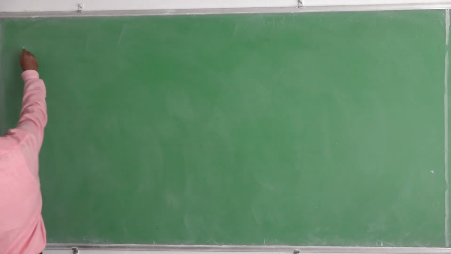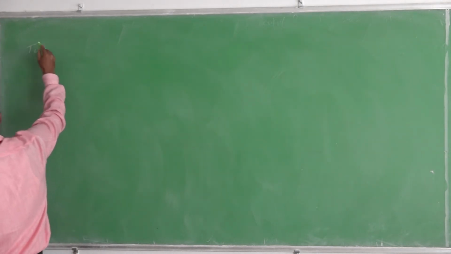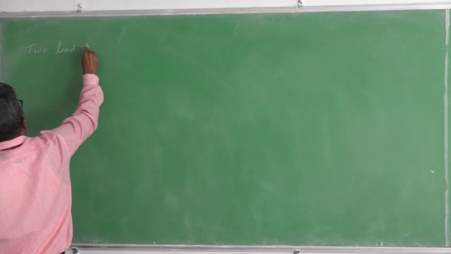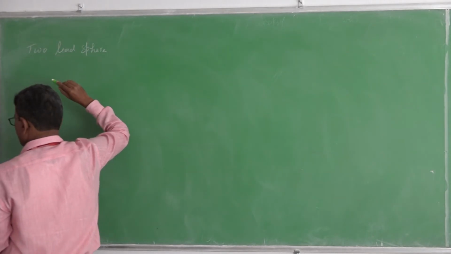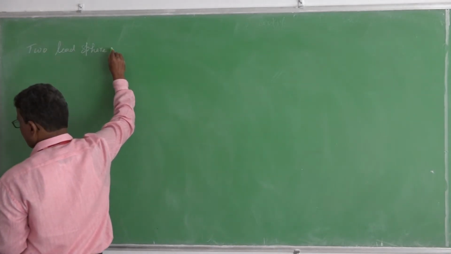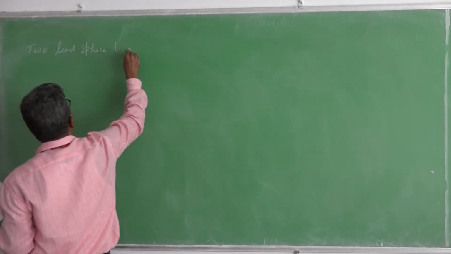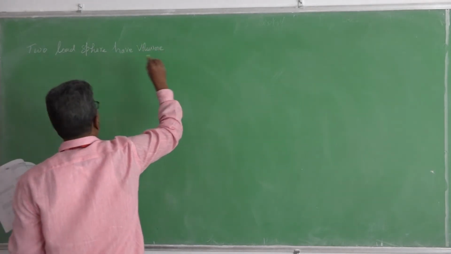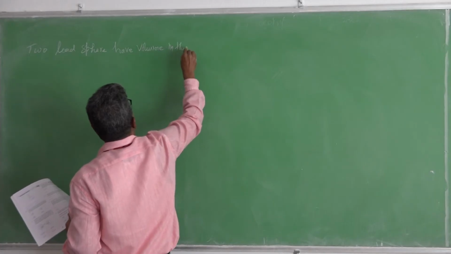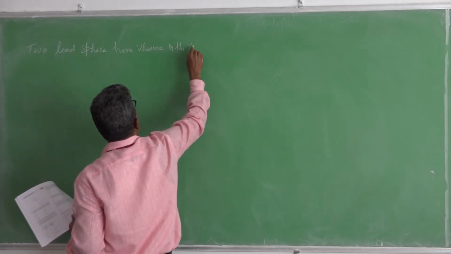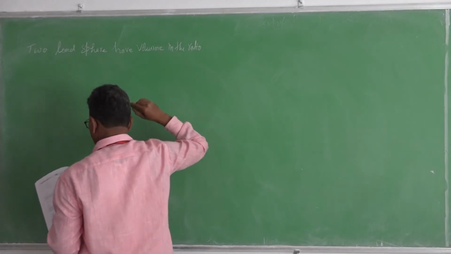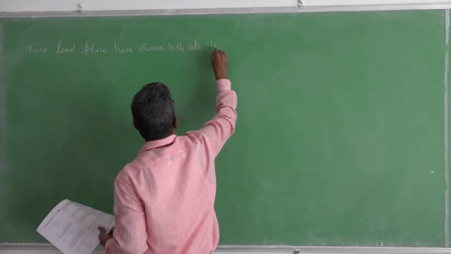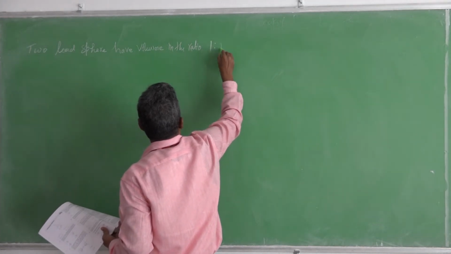Two lead spheres have volumes in the ratio 1:n.